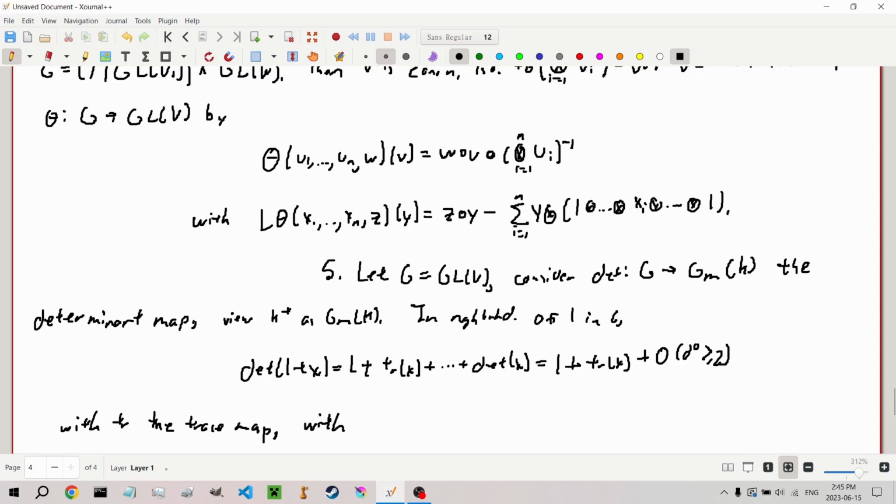With then L, the algebra version of the determinant, on x being the trace of x. And since we know that the special linear Lie group we define as having a determinant of exactly 1, that corresponds to having a trace of exactly 0, as you can see by this, hopefully.